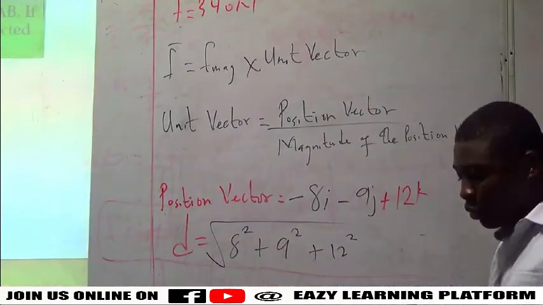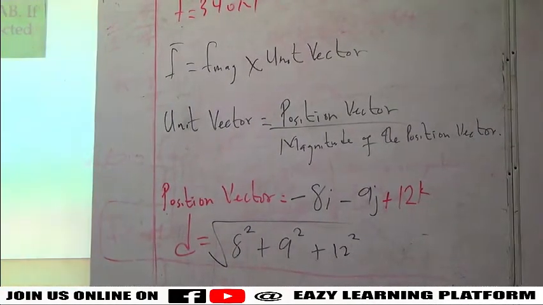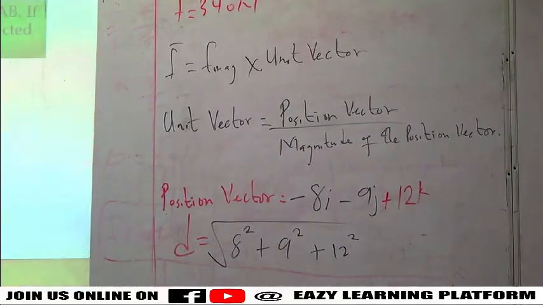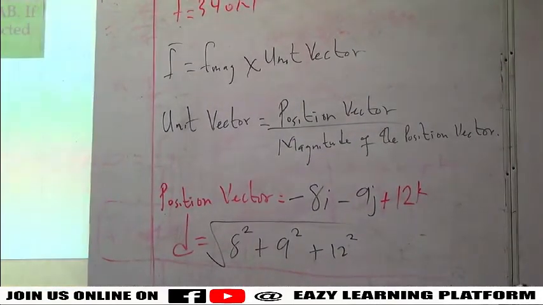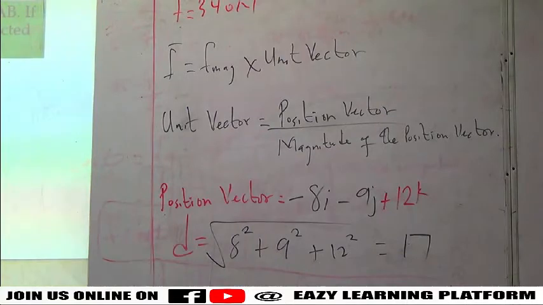The reason why I'm not bothered about the negative is that whenever you square a negative number, you get what? A positive value. So that is why. And we'll have this value to be 17. So the magnitude of the position vector is 17.